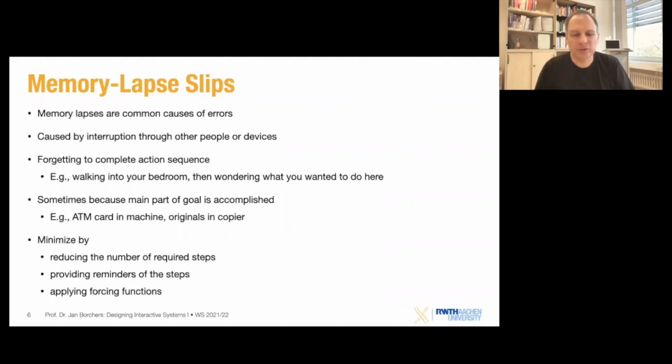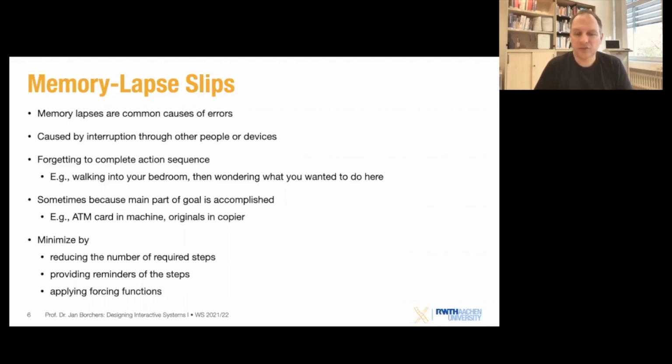So how can we minimize these memory lapse errors or these memory lapse slips? Well, we can reduce the number of required steps just so that there's less of a chance of somebody having that one part slip from memory before they're done. We can provide reminders of the steps. For example, as ATMs tell you, don't forget to retrieve your card.